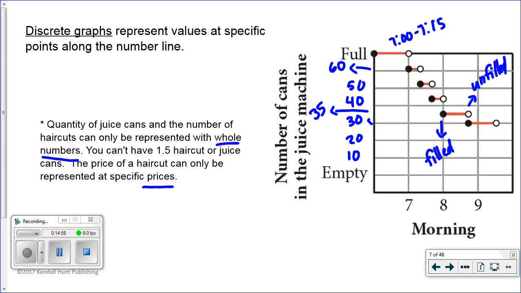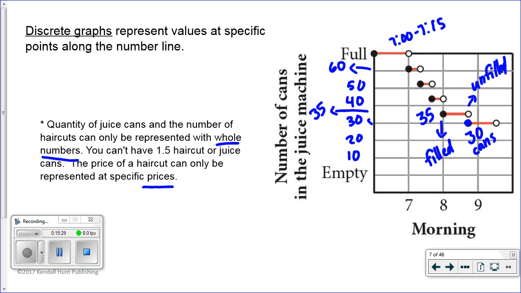So with a filled circle, that's where I'm saying at 8:45 there are 35 cans, right? And then I'm going to jump down to that next filled circle and say at 8:45, at the next moment, I only have 30 cans, right?